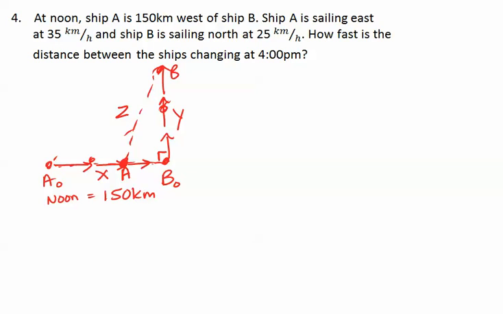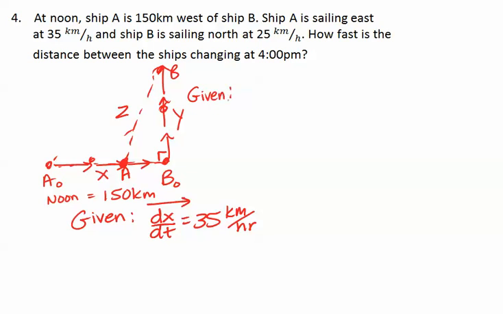All right, so what do we know about the rates? We are given how fast ship A is moving in this direction. So that is our dx dt rate. And it is moving at 35 kilometers per hour to the east. And we are also given how fast ship B is moving. Ship B is moving north, so let's call that the dy dt.